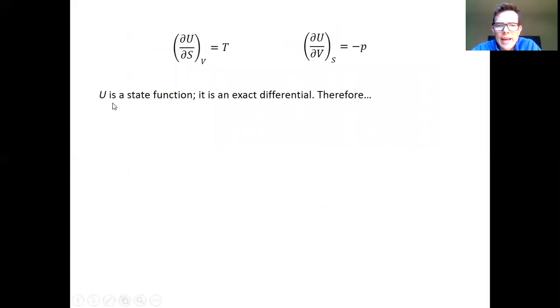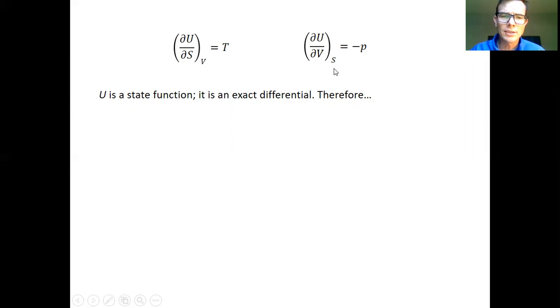And that is that I know U is a state function. The internal energy is a state function. State functions are exact differentials. Therefore, the cross derivatives are equal. Here, I took a derivative with respect to S, V constant. Here, I did V, S constant.